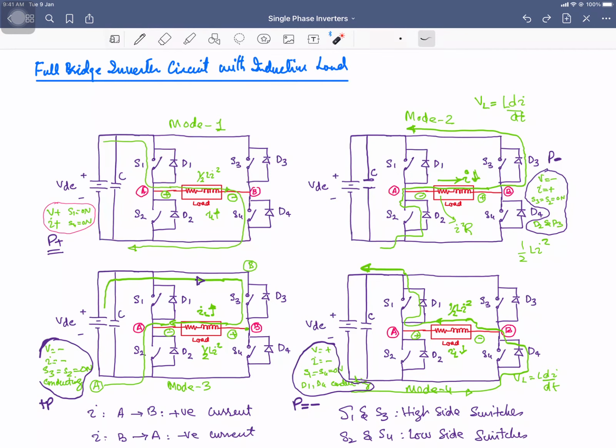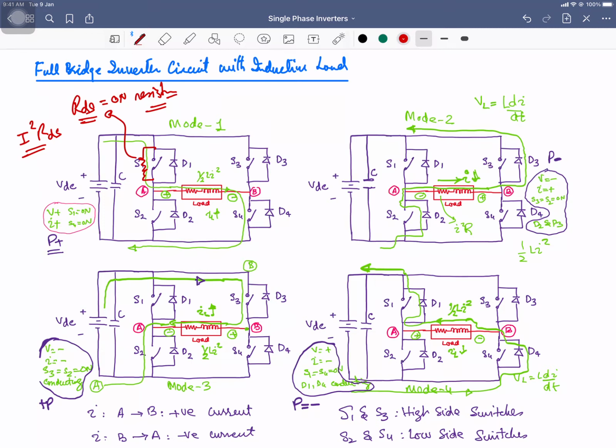But in practical cases, if there is high current and there is internal resistance in the on state, that is RDS, the drain to source on resistance of your MOSFET or power switch, there will be a heat loss across that, I square R DS, and there will be a voltage drop across this switch as well. So the load voltage will be slightly lesser than the source voltage.